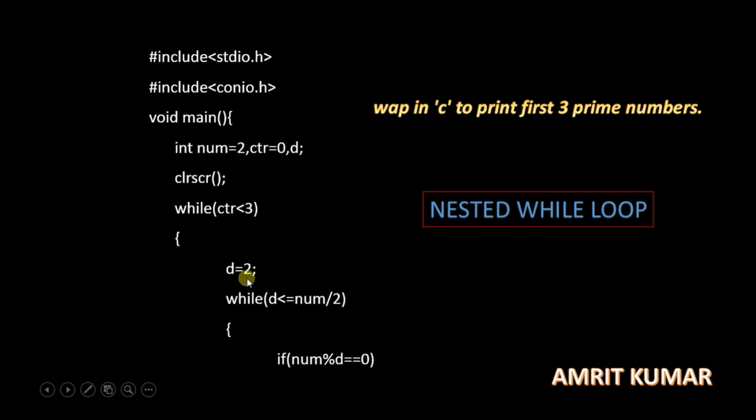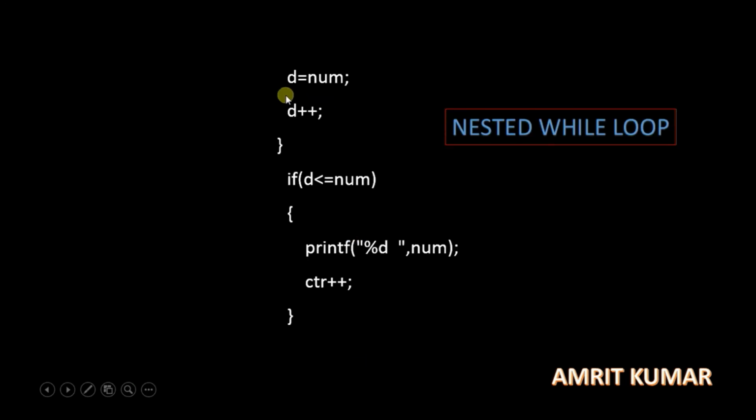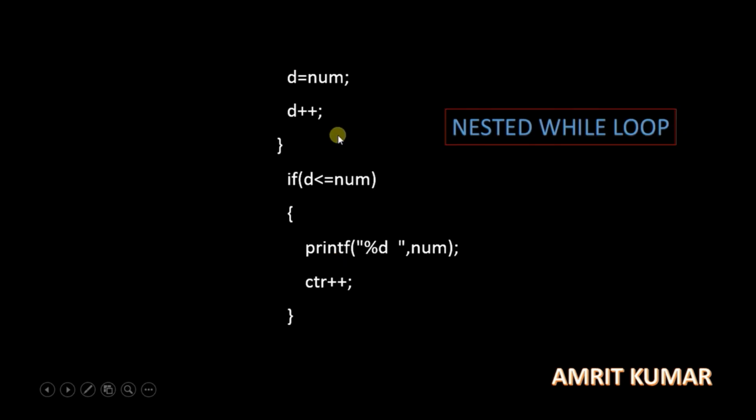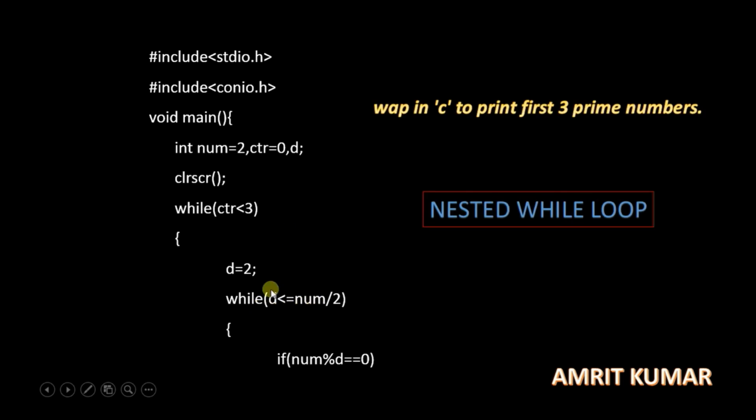So this will be executing. d is 2 again here, while this is the condition. If the condition num modulus d is equal to 0 is true, then the loop repeats till this condition becomes false.